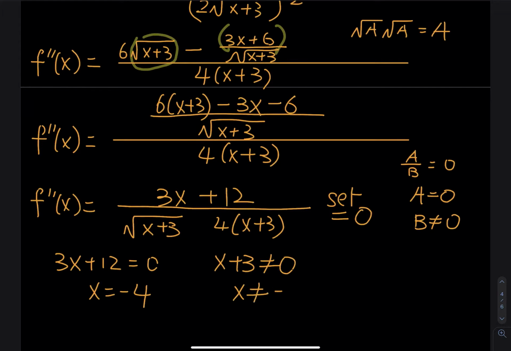Is negative 4 greater than or equal to negative 3? The answer is no. So that means this is not in the domain. What does that mean? That means x equals negative 4 is not a critical number.